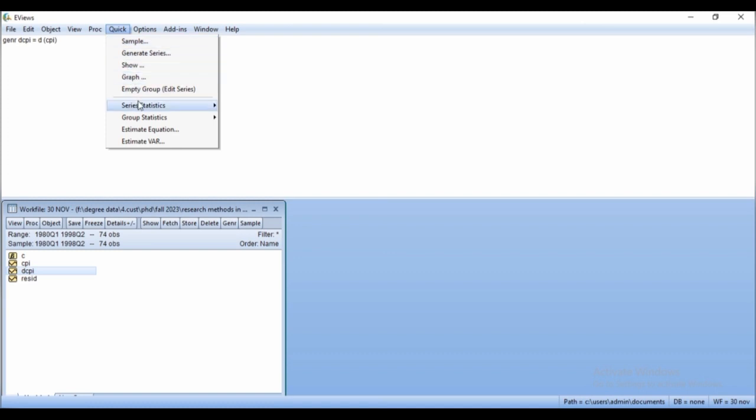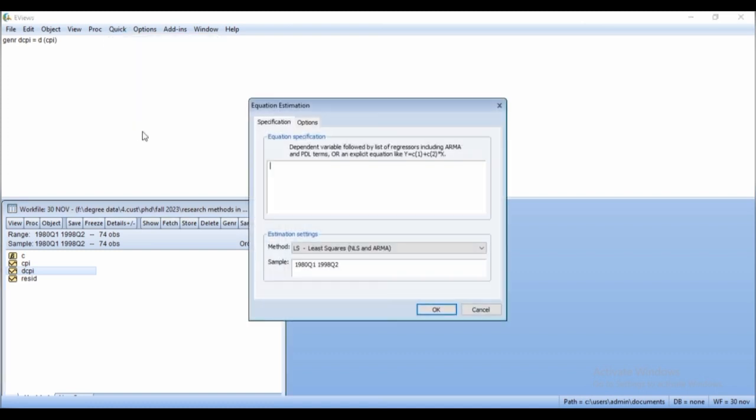So just go to estimate equation and write your equation. So DCPI is our variable, C stands for constant, and what we have seen in the model is that we have to use P as 3.